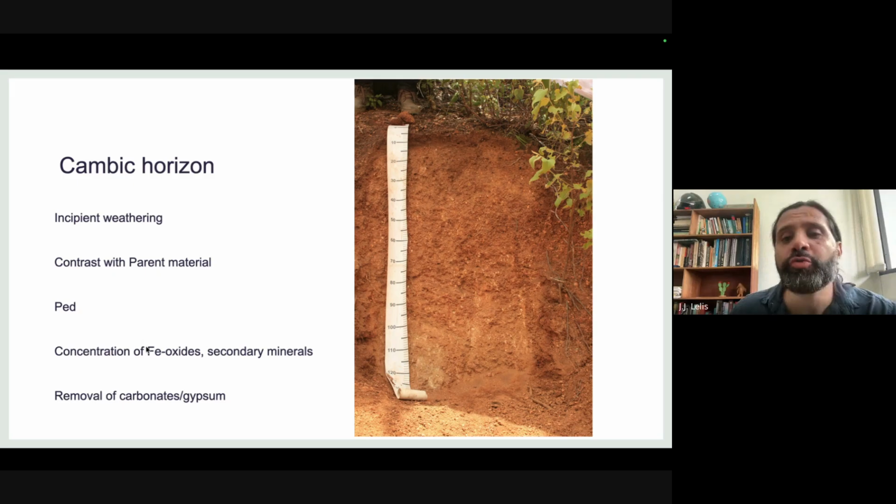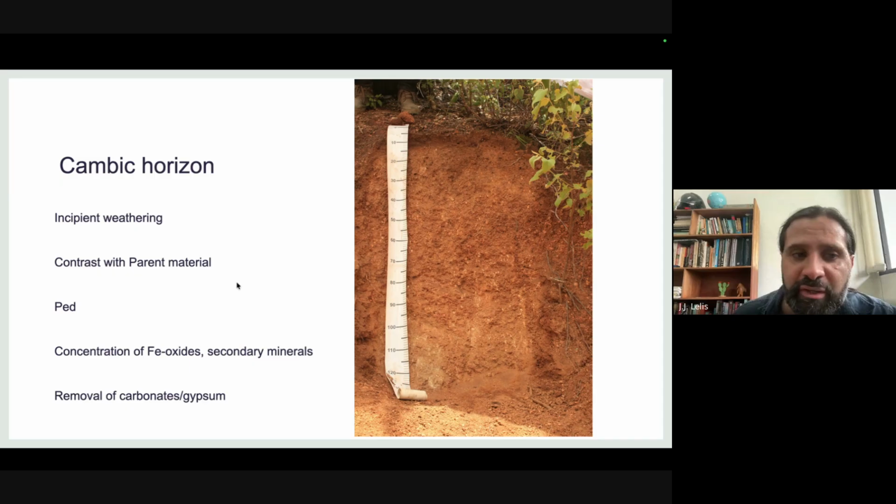Something that could express the formation of this cambic horizon is a little concentration of weathering residues. For example, we can register some secondary minerals like iron oxides, kaolinite, and others expressing at least a little weathering, okay, an incipient weathering.